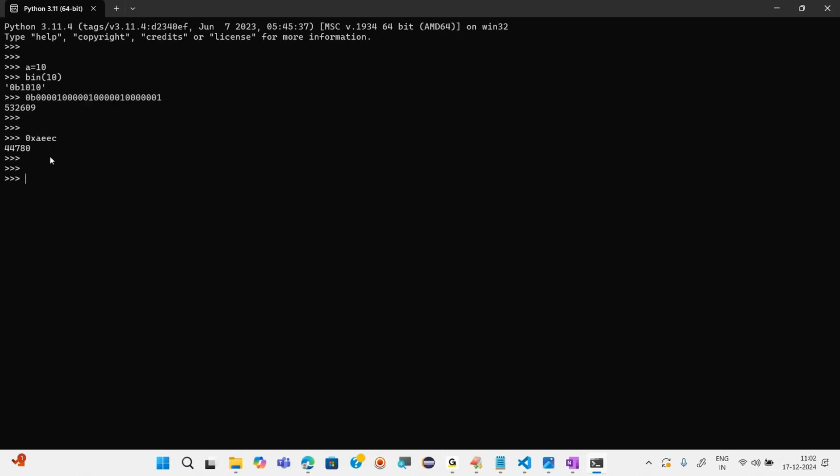Clear it is. If I say something like A is equal to 0b10100, if you print A here, you will be getting 20. Because I have seen this prior, that's why I know.